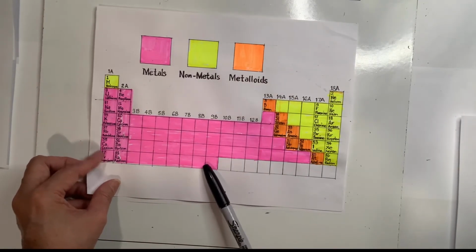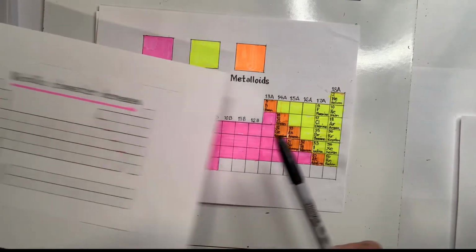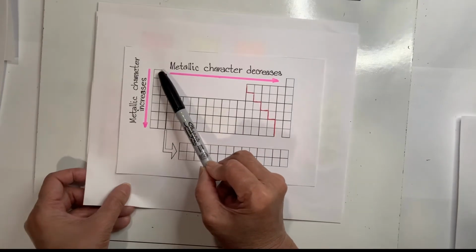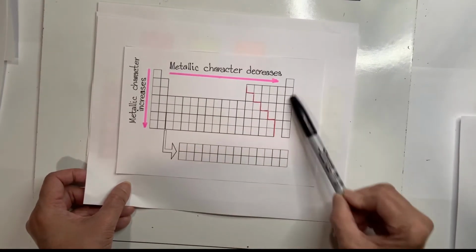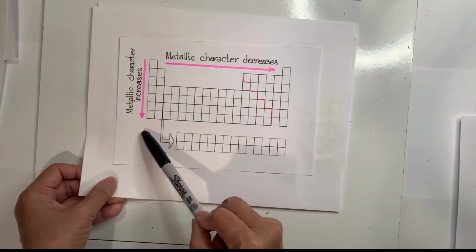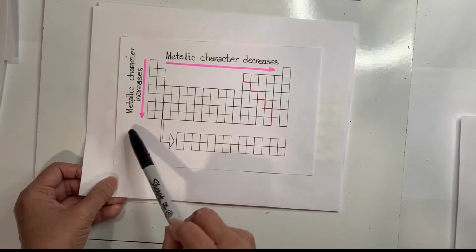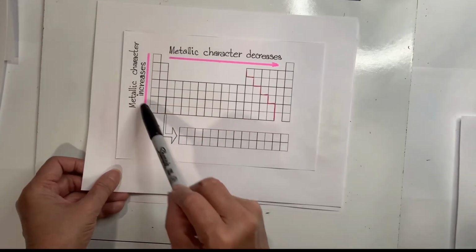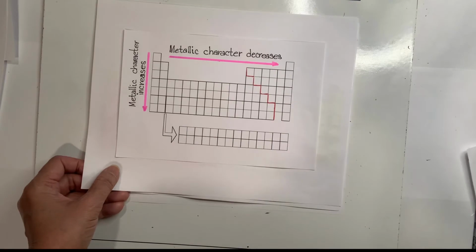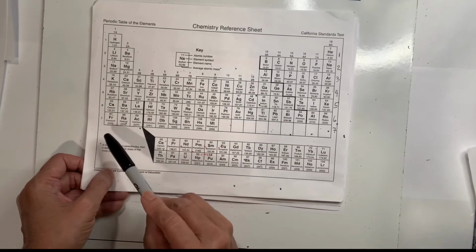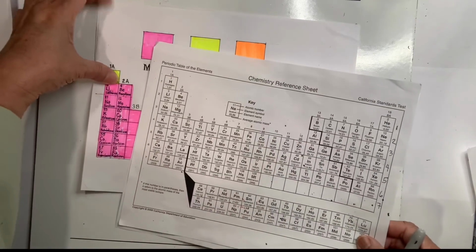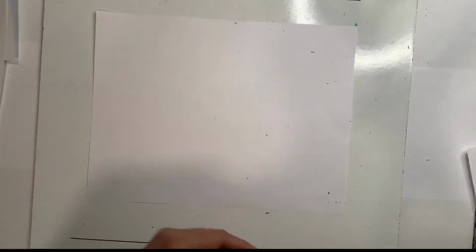So it makes sense that the metallic character decreases from left to right because the direction is going to the non-metal group, right? So from top to bottom, the metallic character increases. It is also the same as the reactivity. From top to bottom, reactivity increases. That is why we say in group 1A, the most reactive metal is francium. Okay, so that is the trend in metallic character.